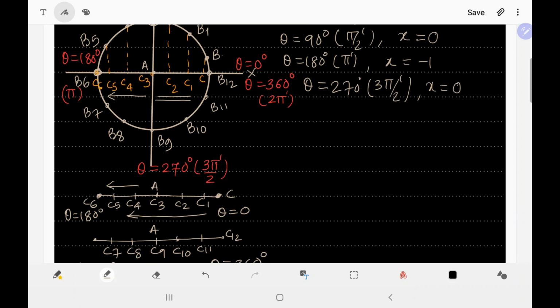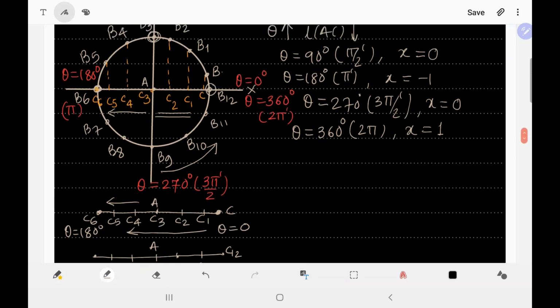Now if we increase theta further from 270 towards 360 degrees, the point C again starts moving away from point A. That means length of AC starts increasing, and at theta equals 360 degrees, that is 2 pi, we can say that x coordinate again becomes +1 as point B is now lying at positive x-axis again.